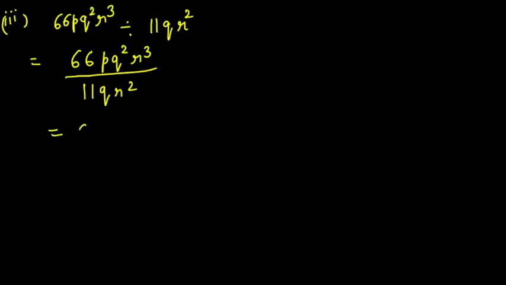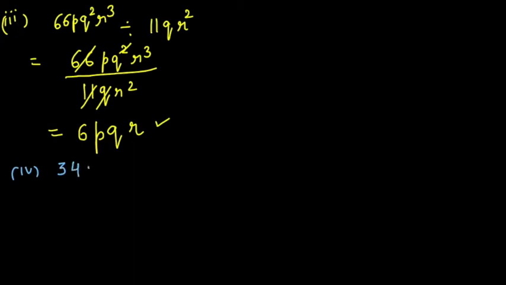Now 11 sixes give me 66, so this is cancelled. Now p as it is in the numerator, if you cancel this q with this q, you are left with only one q, and r cube upon r square gives you r. So your answer is 6pqr. So when you don't need to do anything, it's just simple division.